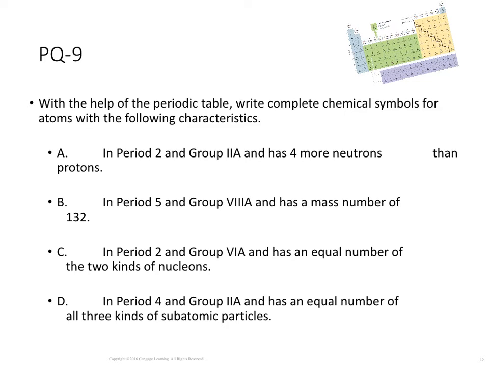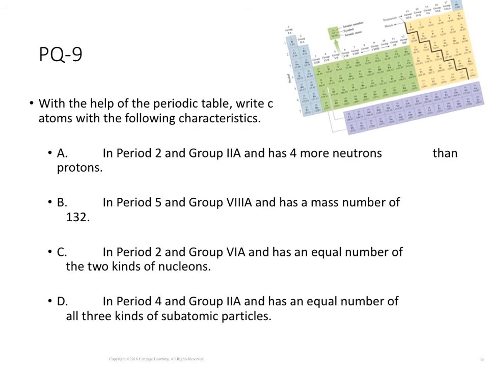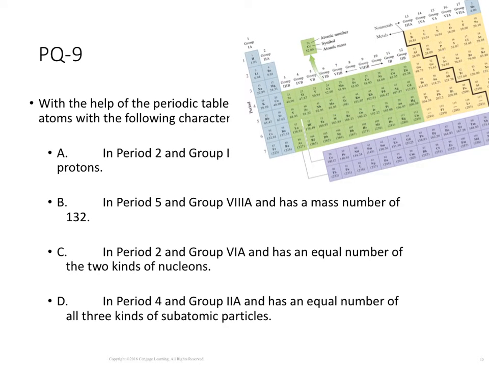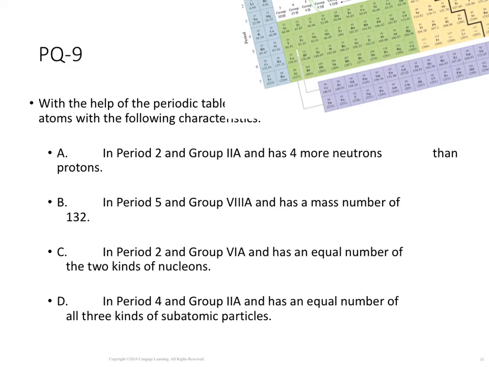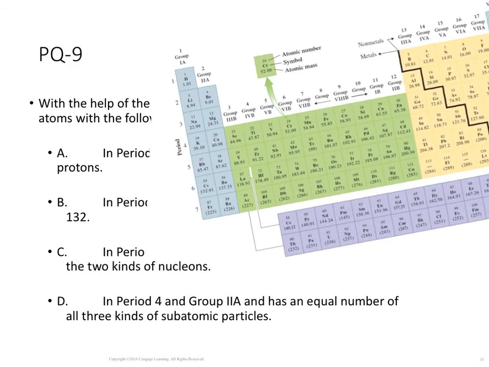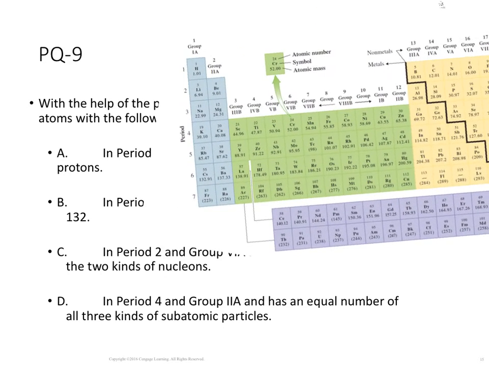So let's take a look at our periodic table. Let's blow this up a little bit so we can see a little bit better. So we had period 2, group 2. So let's find period 2, group 2. That is going to be row 2, column 2, and that falls on beryllium. So that means we want to work with beryllium.